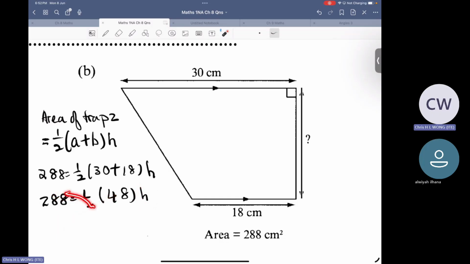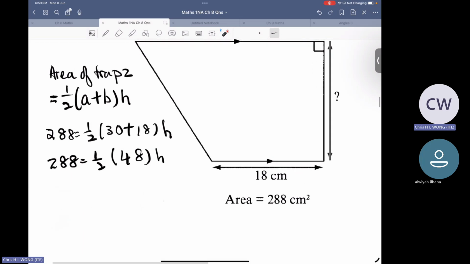I repeat, 2 must bring over, 48 must bring down, remain h alone. That's how you find h. This is as good as saying 288 over 1 equals half, bracket 48 over 1, h over 1.